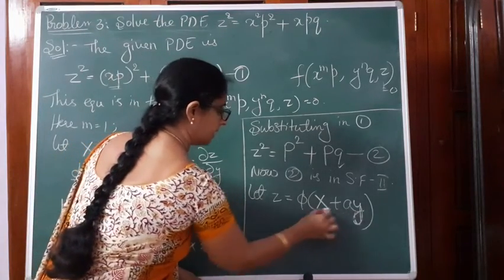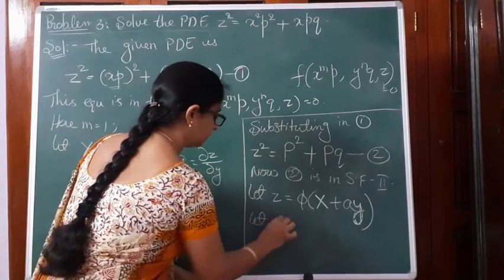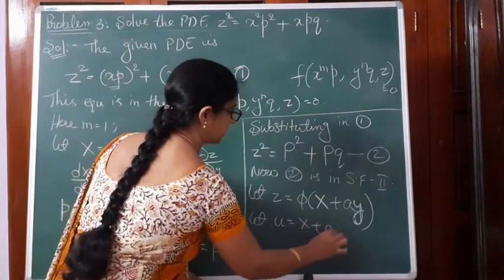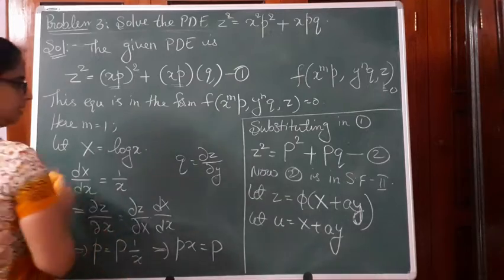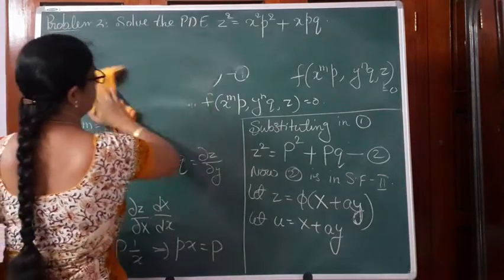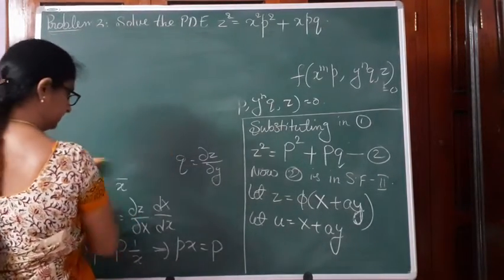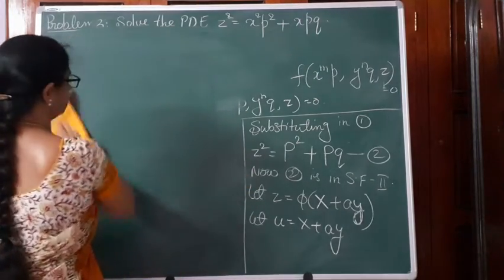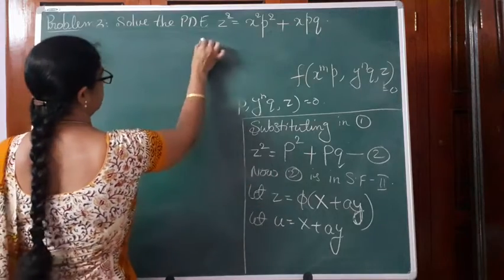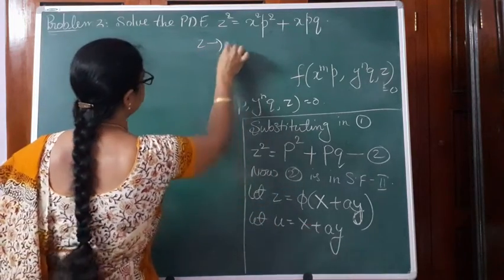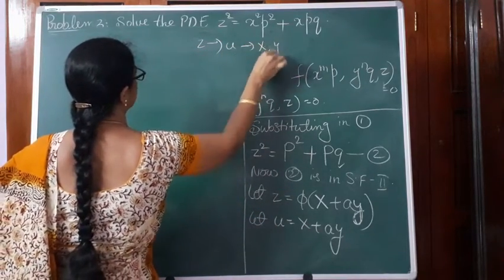So now let x plus ay is equal to u. U is equal to x plus ay. Now we find dou z by dou x. So from this, z is a function of u and u is a function of x comma y.